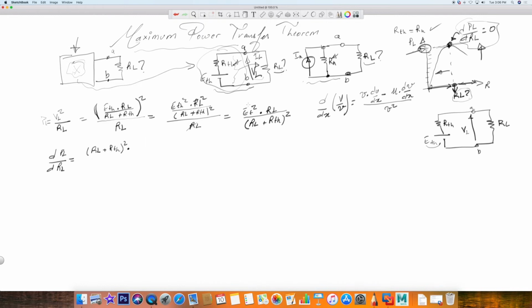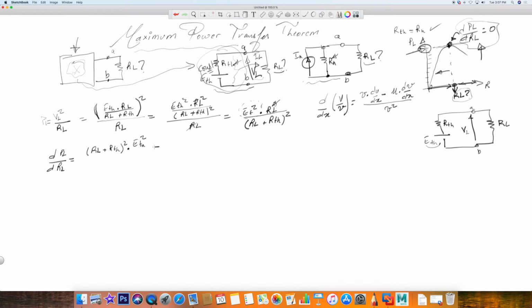What is that? Before you do anything, watch this. ETH is a constant. Since you only have this one variable, RL, it's ETH squared for that part.